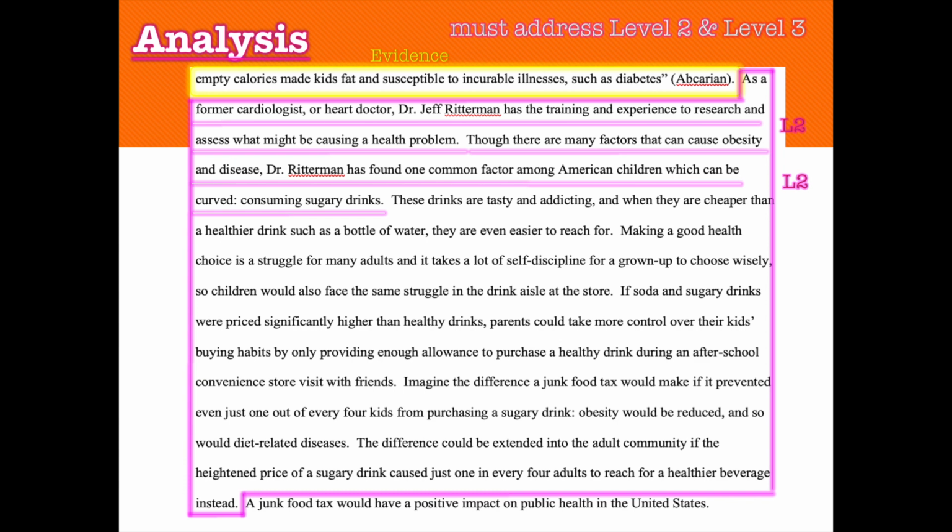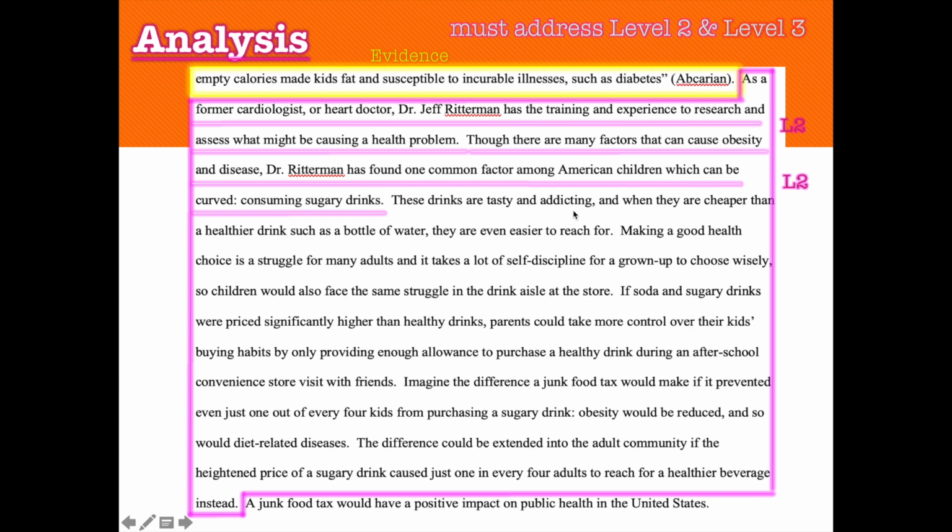But what I'm pointing out is that in this quote, he has found something, which is consumption of sugary drinks, that can be controlled because it's an outside source of these ailments. And so this is a level 2 because I'm still working within the quote and working to connect the quote to my thesis.